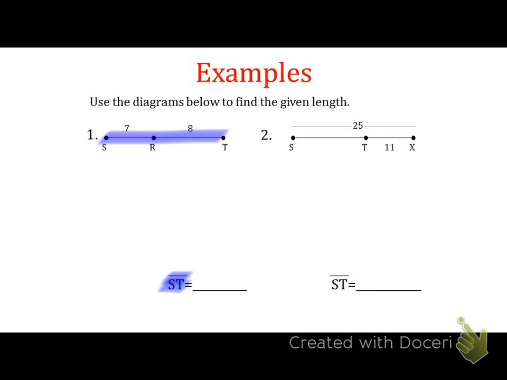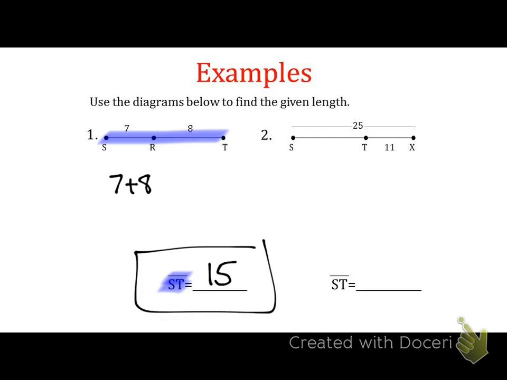How would I find the long one if it's made up of 2 smaller ones? You add them. So 7 plus 8 is 15 is our answer. That's it. All right. On the next one.